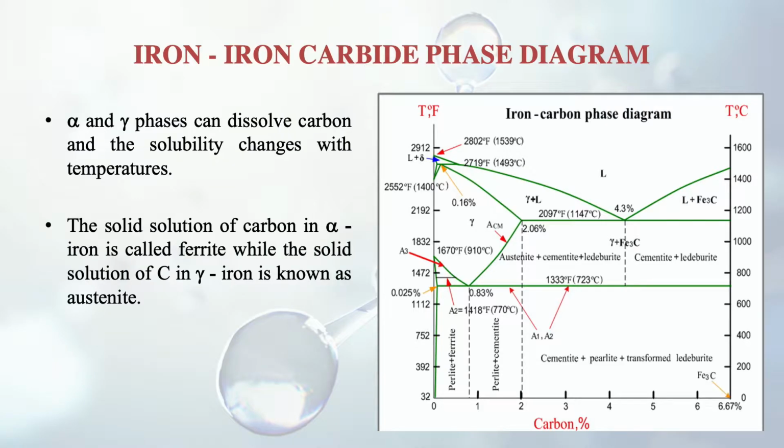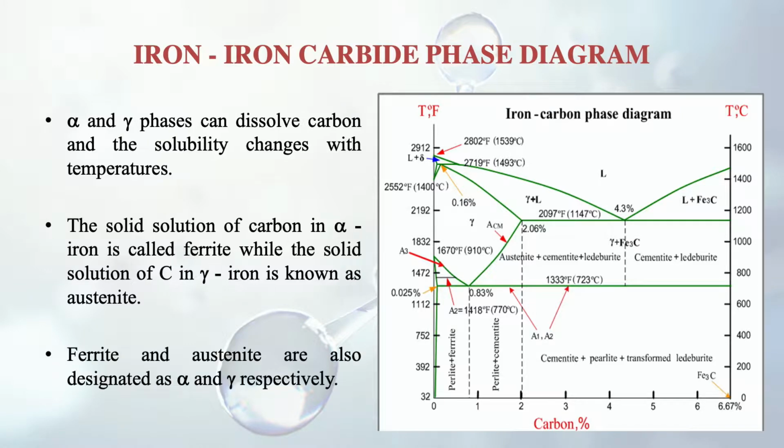You can see temperature is on the y-axis and the carbon percentage is on the x-axis. The solid solution of carbon in alpha iron is called ferrite, while the solid solution of carbon in gamma iron is known as austenite, as I told you earlier. Ferrite and austenite are also designated as alpha and gamma respectively.